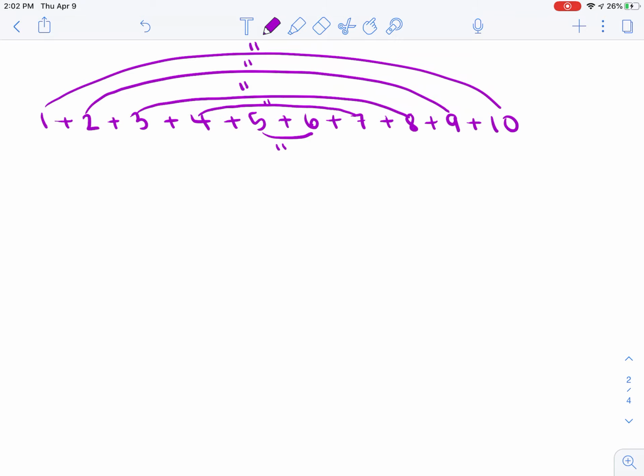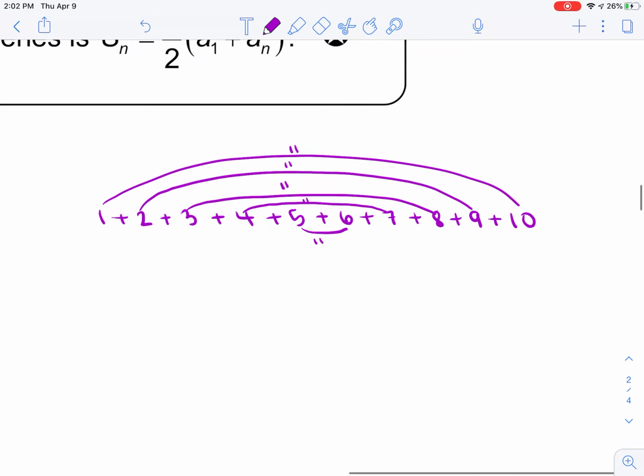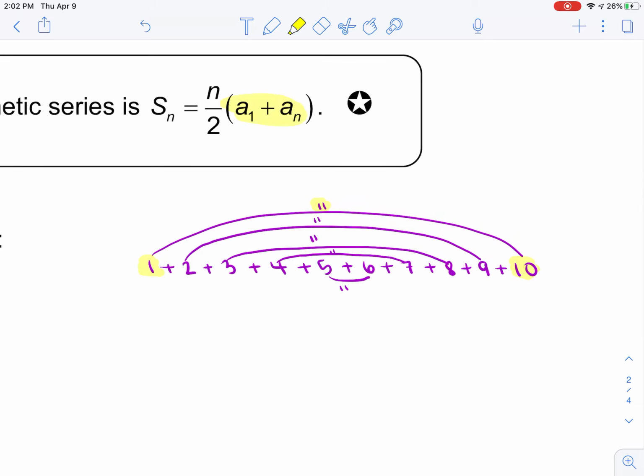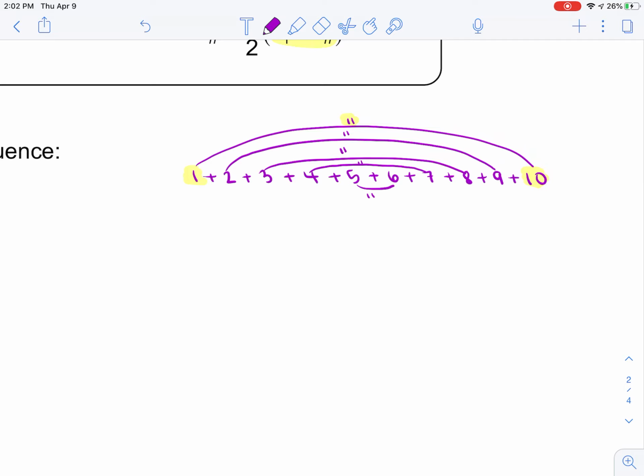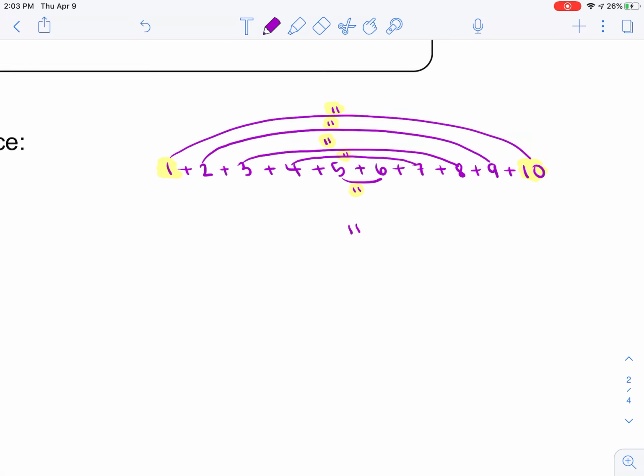That sum of the first and last term being 11 is where this part of the formula comes from. Now, how many times are we going to add 11 together? It's a total of 5 times. So if I said add 1 through 10, the answer is 55 because you're getting 11 a total of 5 times.